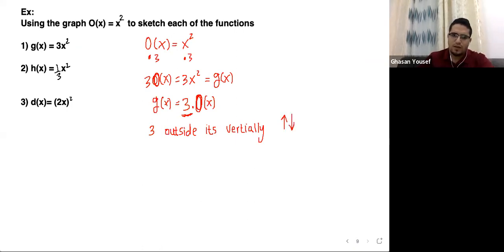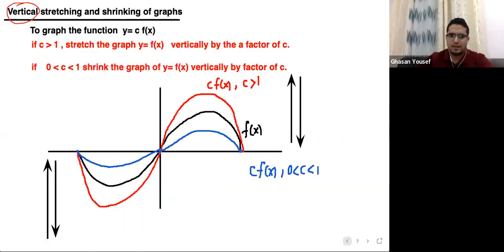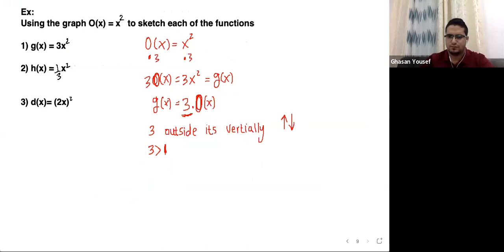Now, you ask yourself, is the 3 greater than 1 or is it between 0 and 1? Greater than 1, correct. Perfect. So you have to go back to the rules.